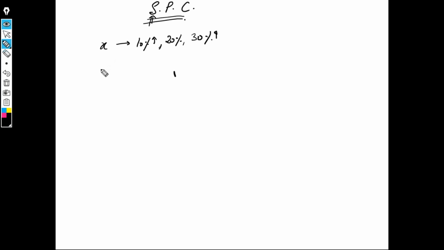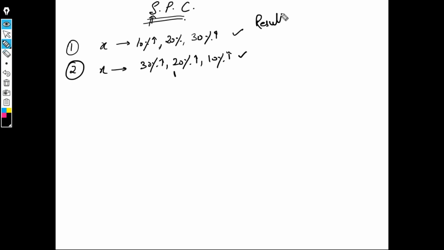In another scenario, another person increased x by 30% first, then by 20%, and then by 10%. So let's say this is case 1, this is case 2. Tell me guys, in which case the resulting value would be bigger?